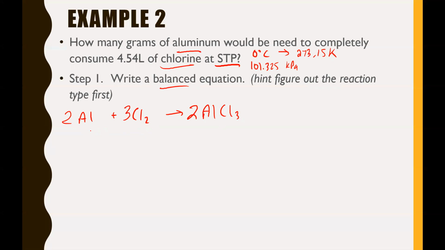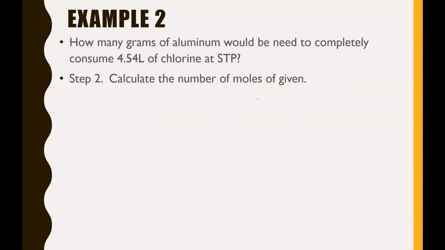Anyway, moving on. Step 2, calculate the number of moles of given. The only thing it gave us here was our volume of chlorine. Well, the good news is that's actually pretty much all we need. Remember, PV equals nRT. We have a volume, right? 4.54 liters. We have a pressure. Our pressure is 101.325 kilopascals.